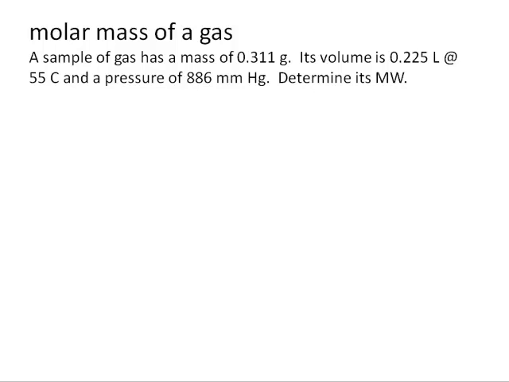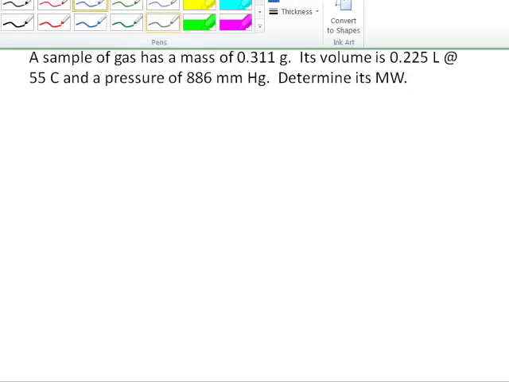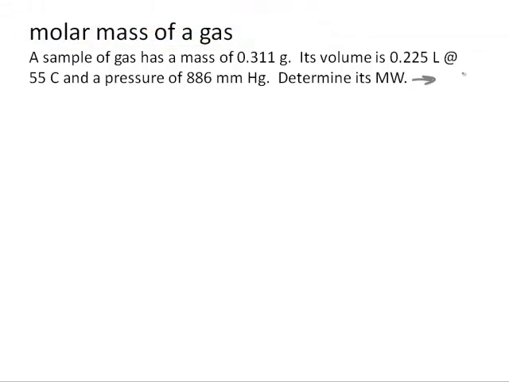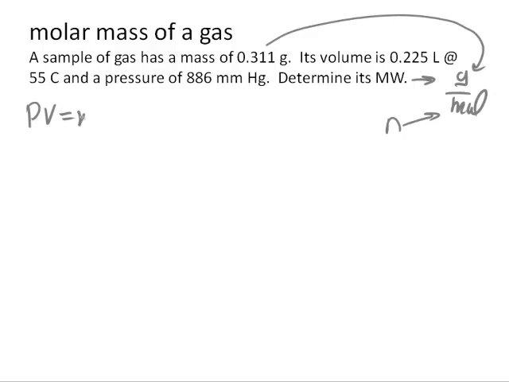Okay, so we know that the units of molecular weight is grams per mole. If we know the mass in grams of our substance, we can calculate the moles using our ideal gas law, PV equals nRT. Solving for n, then dividing that from the grams, we'll get the molar mass.